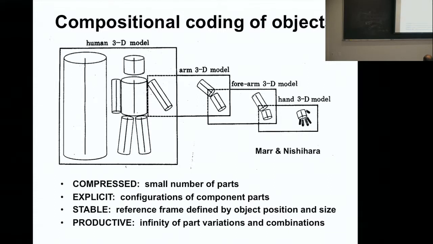The reason that this idea has always been so theoretically appealing is, well, there are many reasons. One is that this represents a potentially terrific way of compressing information about something like the human form, originally represented in this megapixel image that's coming from the retina.